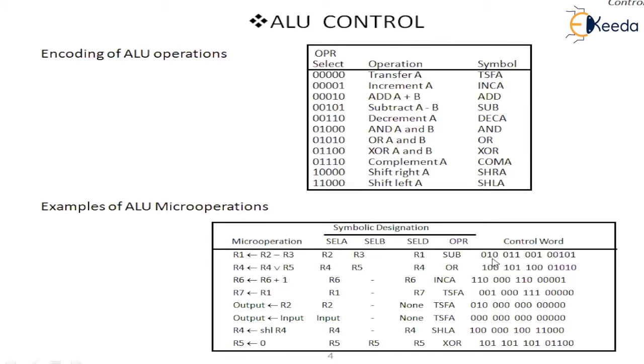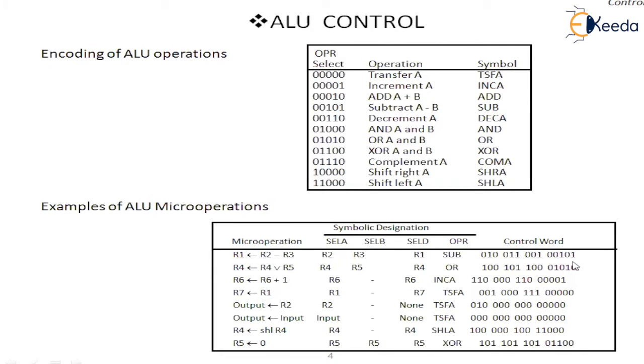Okay, source register 1, source register 2. What is the destination register? The destination register is R1. If it is R1, then the selection inputs must be 001. So Sel D, which represents the destination register, is equal to 001, because 001 represents R1 in the register set.